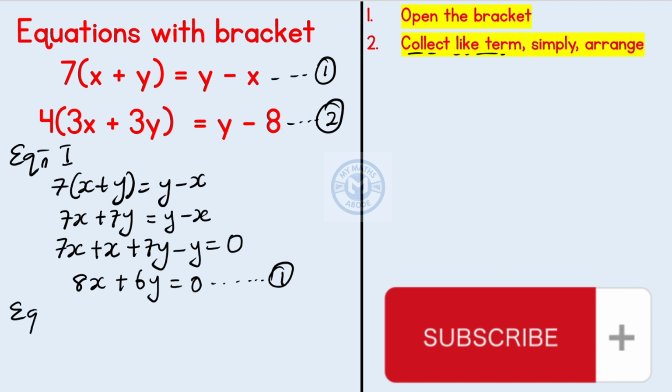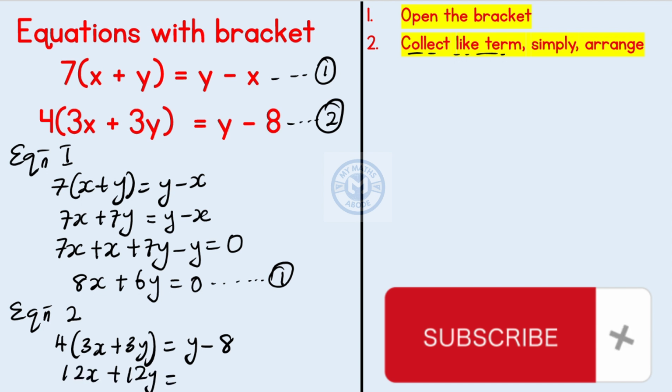I'll do the same again for equation 2. I will have 3x plus 3y is equal to y minus 8. So opening the bracket, I will have 12x plus 12y will be equal to y minus 8.